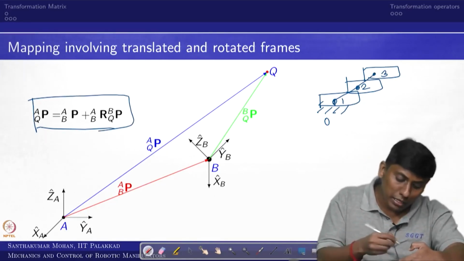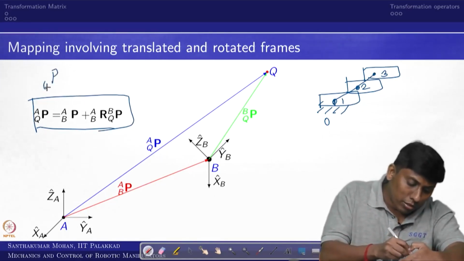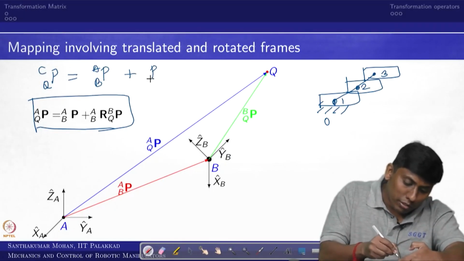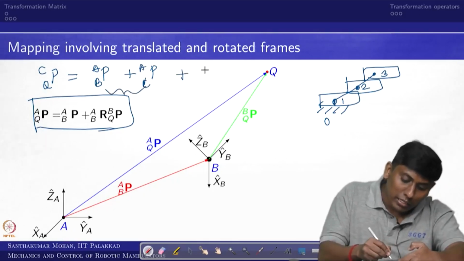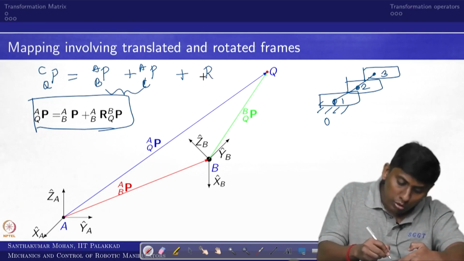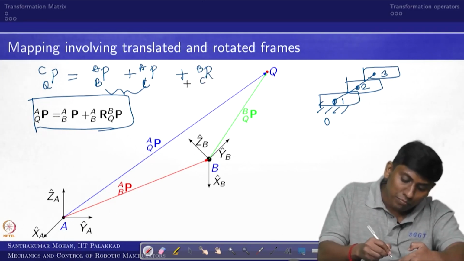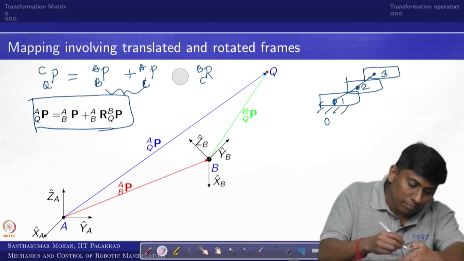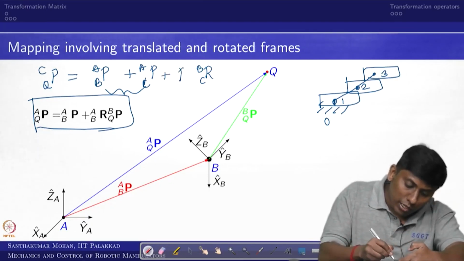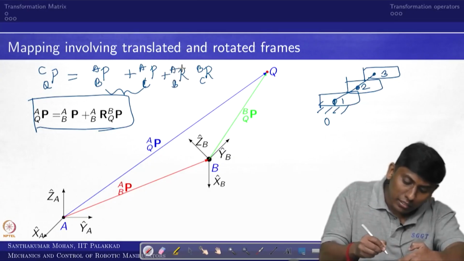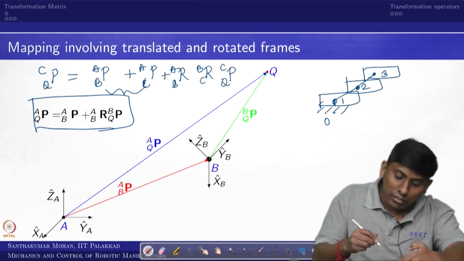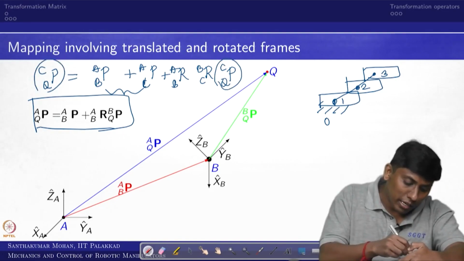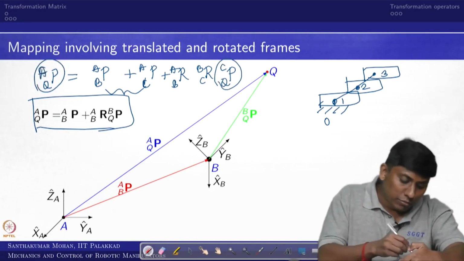For example, now I want to find the position vector of q with respect to C. I have to write the position vector of B with respect to A, plus the position vector of C with respect to B. Then first you have to rotate C with respect to B, then make another rotation of B with respect to A, and that would give the position vector of q with respect to C. So this way you can write.